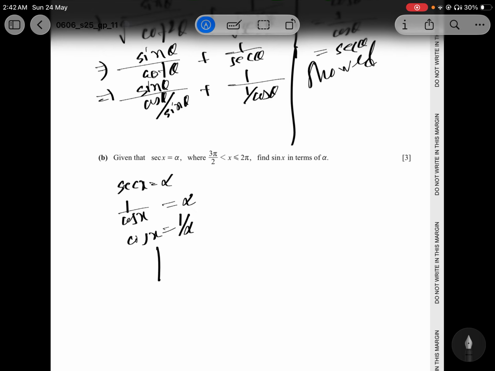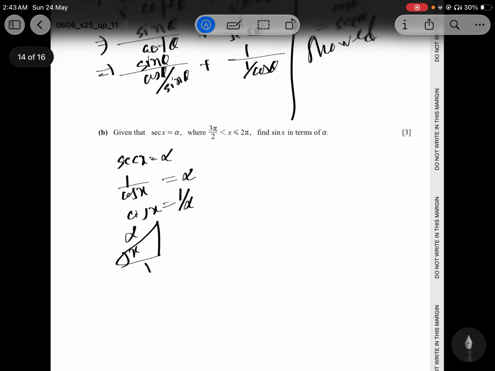So if I draw a right angle triangle here, this is our x. 1 is the adjacent, cos theta, and alpha is at the hypotenuse. So alpha square is equal to 1 square plus y square. So alpha square minus 1 is y square.